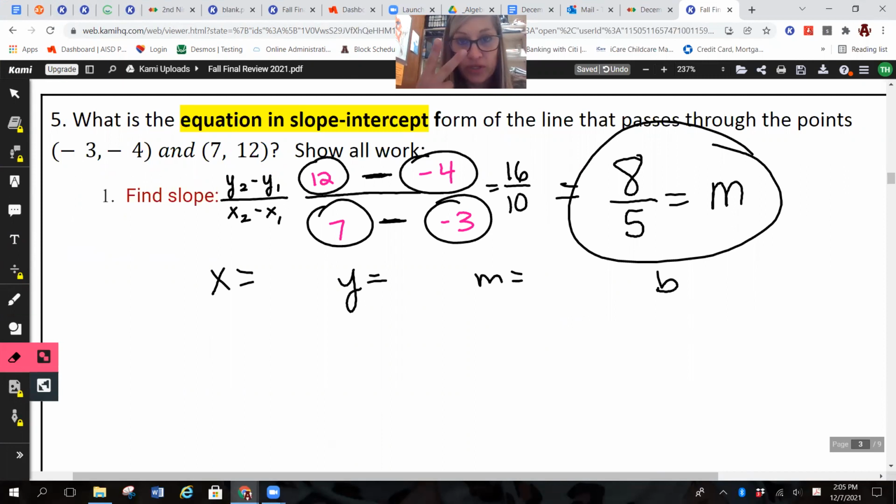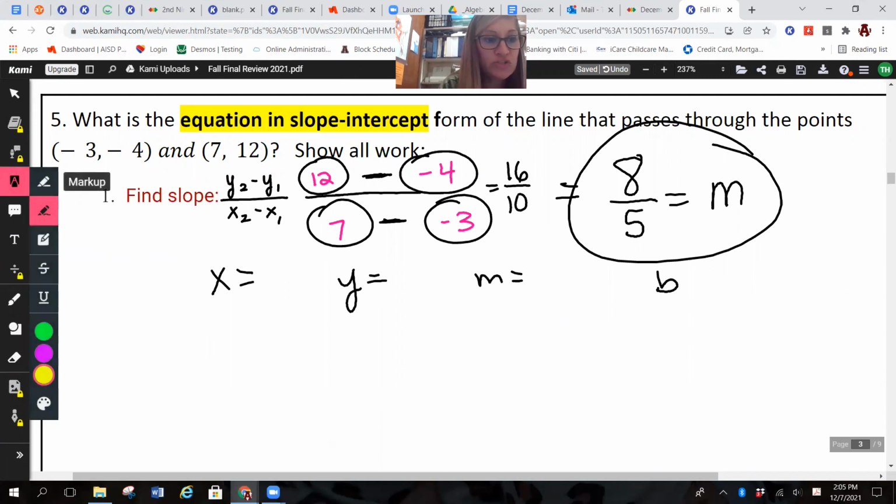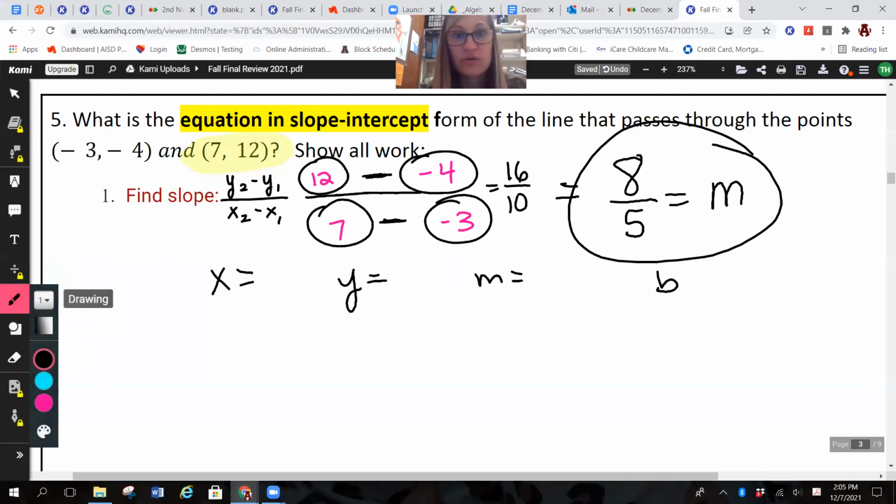You were given 2 points. You just need to pick one of them. Most of us are going to pick the point that looks easiest. So 7, 12 feels easy because they're positive and they're numbers that I'm cool with. 7 and 12. The m is 8 over 5.